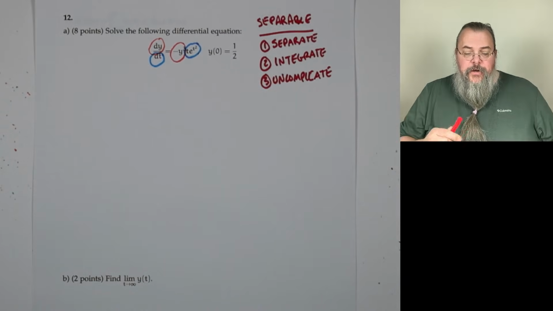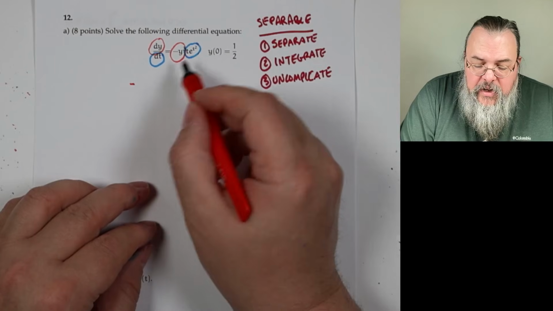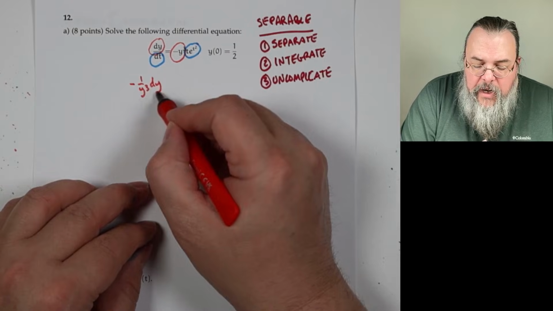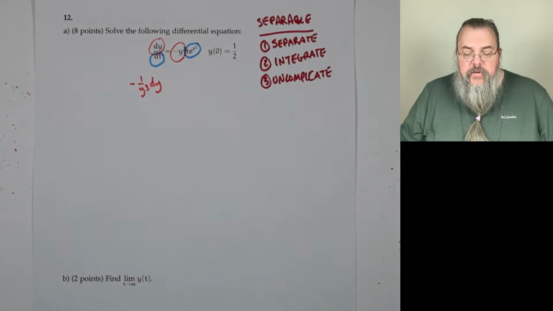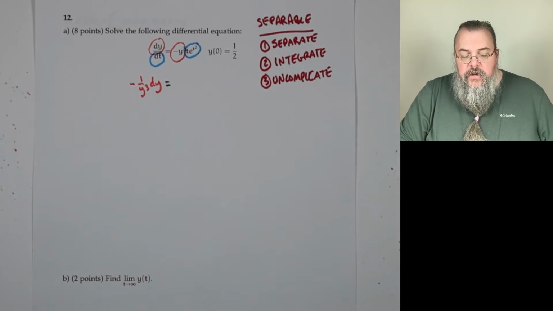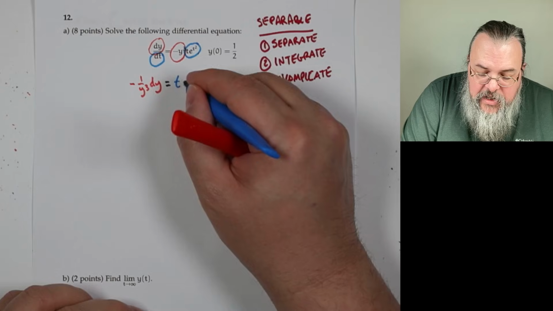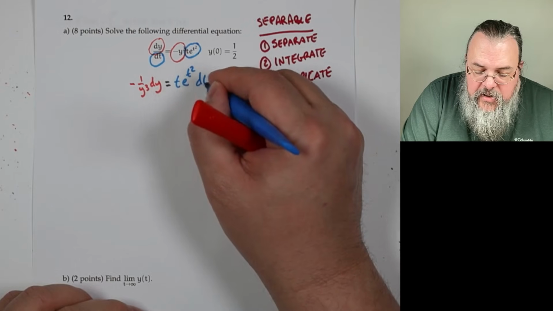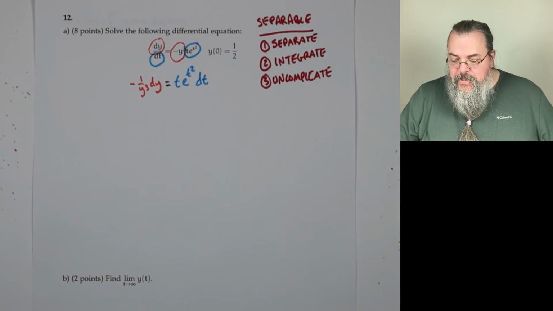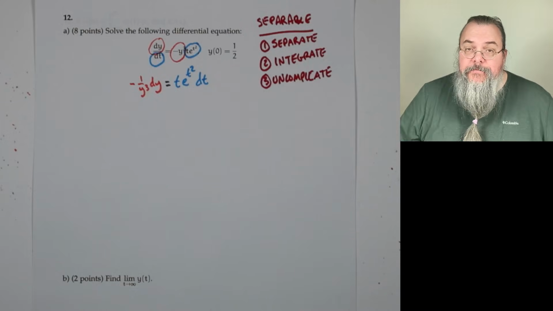So we have minus 1 over y cubed dy equals t e to the t squared dt. So that's step 1. Check.